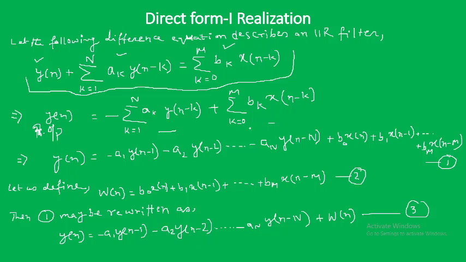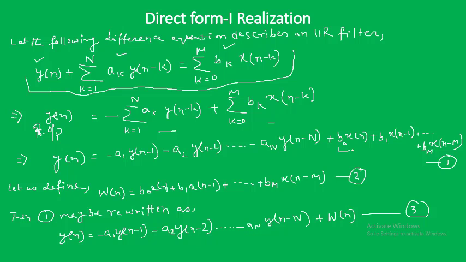If we expand this equation, we get minus a1 y of n minus 1 minus a2 y of n minus 2, and up to minus aN y of n minus capital N. Up to this, suppose we have the values of past outputs.